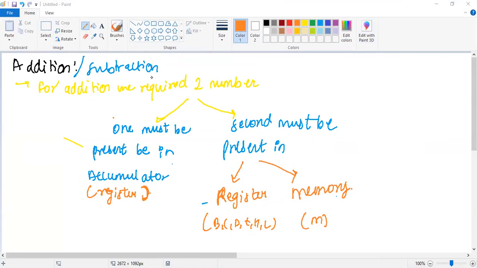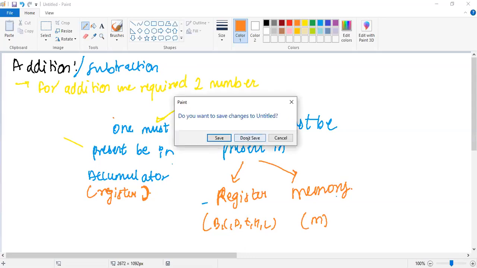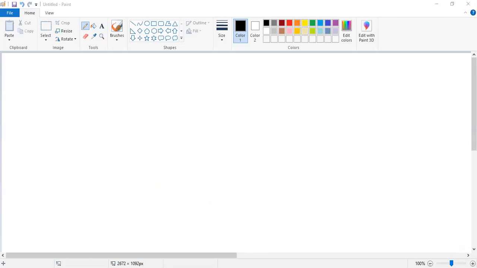Now, if you want, you can take a screenshot of this one for your reference. Let's see the addition instruction again.